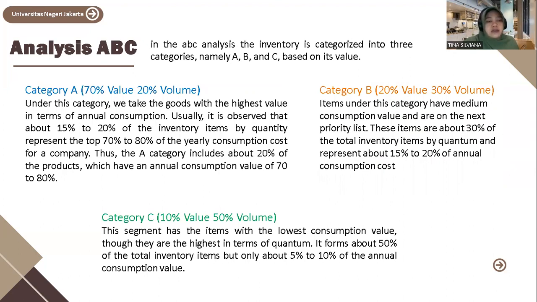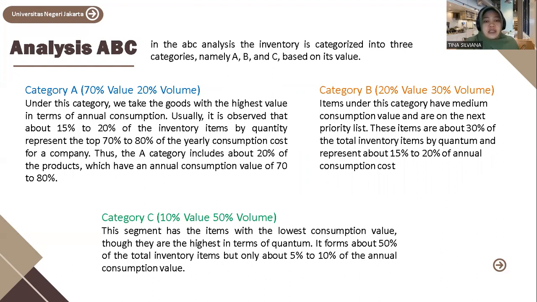Category A, 70% value, 20% volume. Under this category, we take the goods with the highest value in terms of annual consumption.